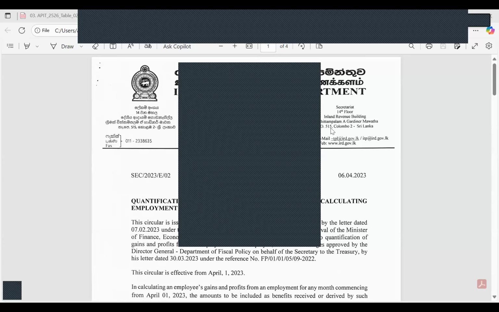Contract basis means a contract is there, not an employee contract. Sometimes it can be a different contract. It depends. So on a contract basis, we have to consider whether there is an employer-employee relationship. If there is an employer-employee relationship between the two persons, at that time we have to deduct APIT.